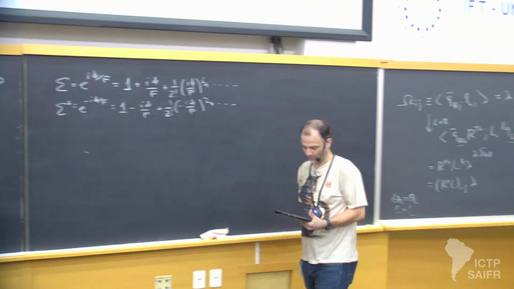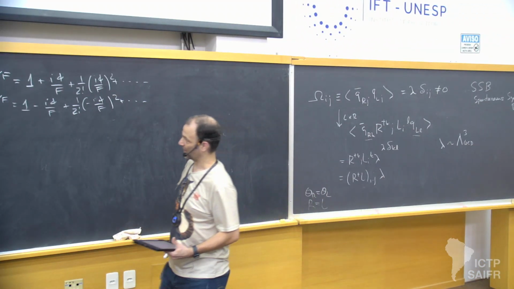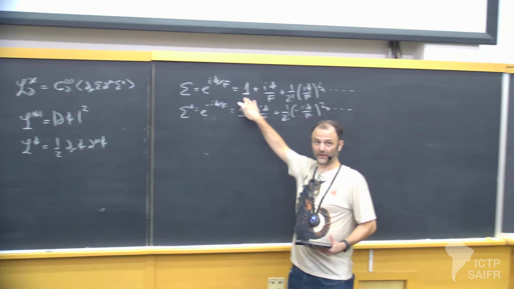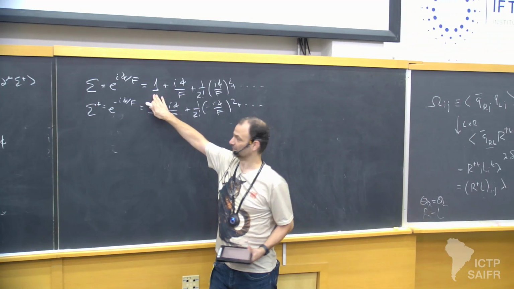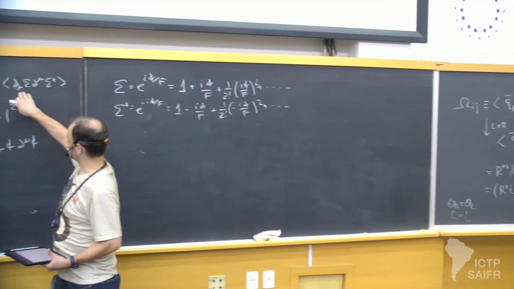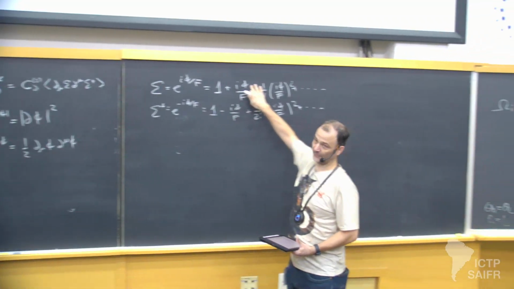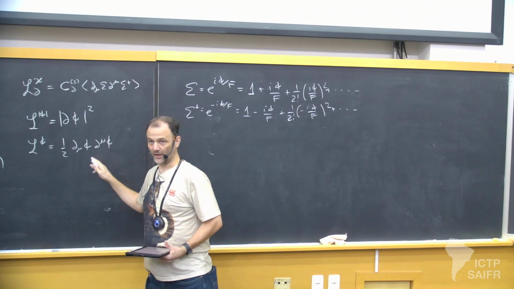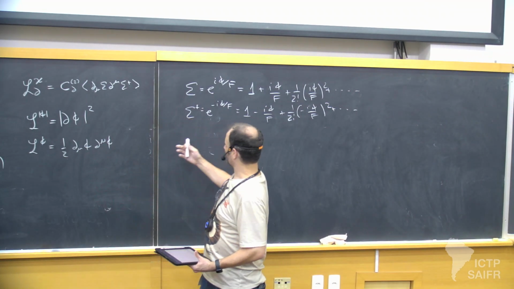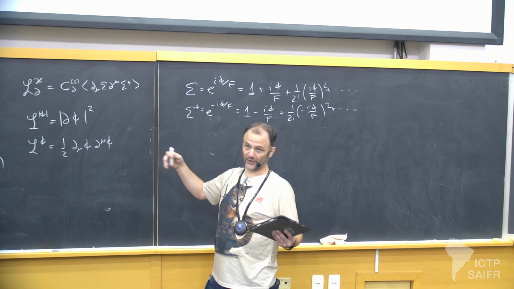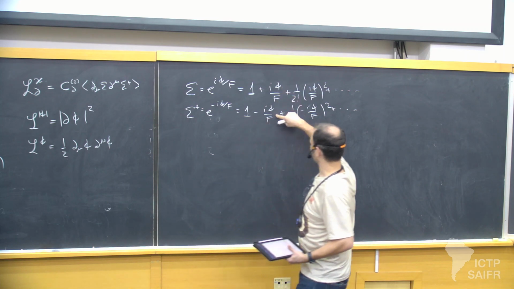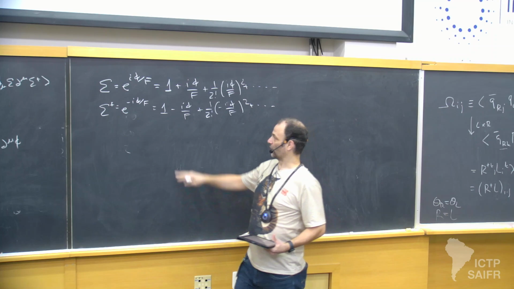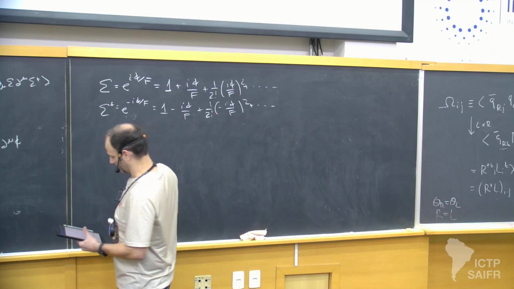Okay, so now we got to stick it in with those kinetic operators. D mu acting on 1. What is that? 0. Great. So the first non-trivial term will be d mu acting on phi. And I want to build something that looks like d phi, d phi. So looking at this, you can immediately see the only thing you need to keep to figure out what this coefficient is is the first term from both expansions. Because otherwise you have too many fields, or you have a derivative acting on 1, etc.